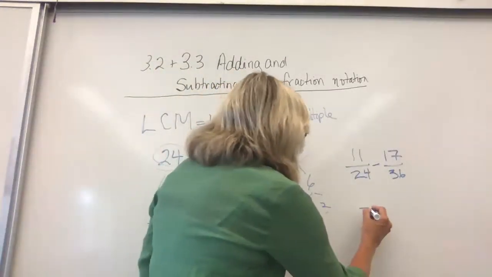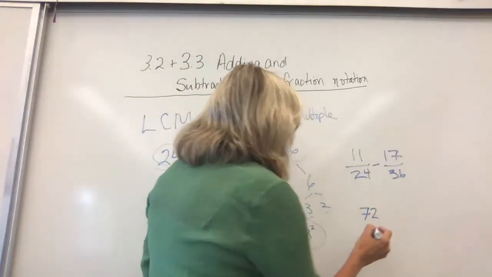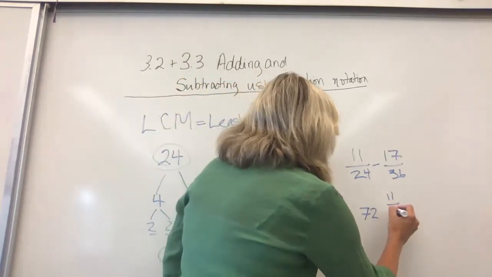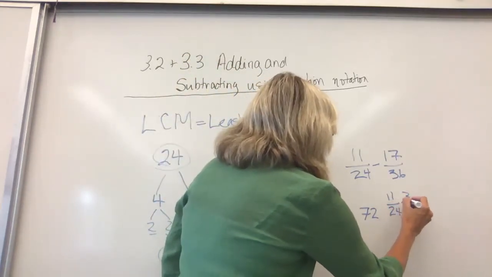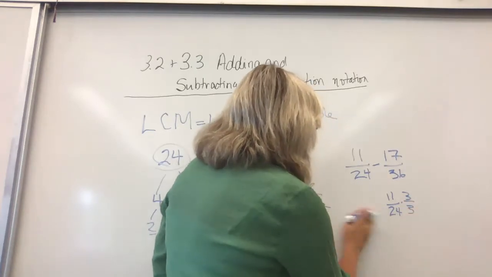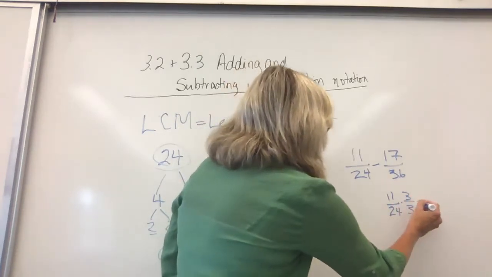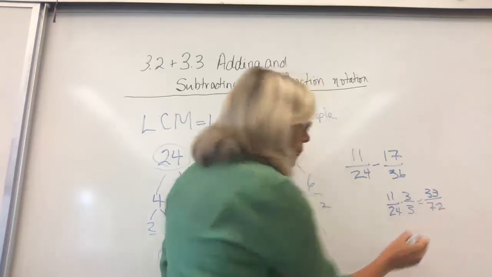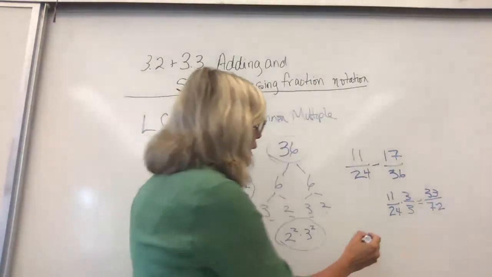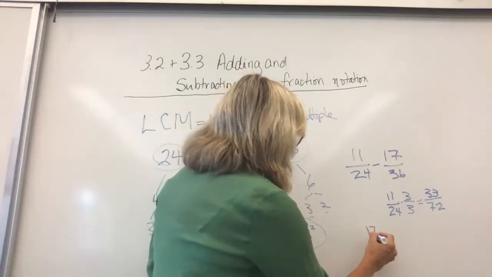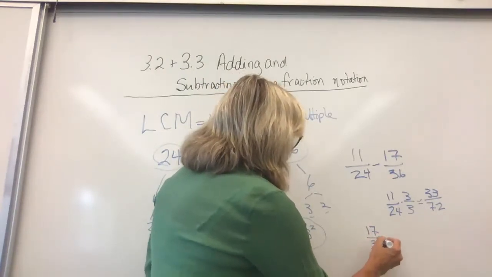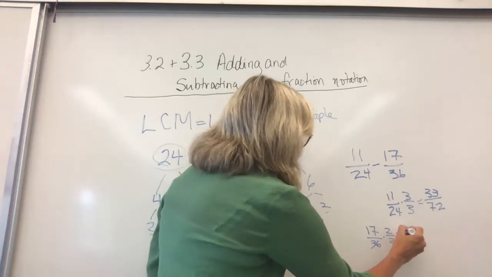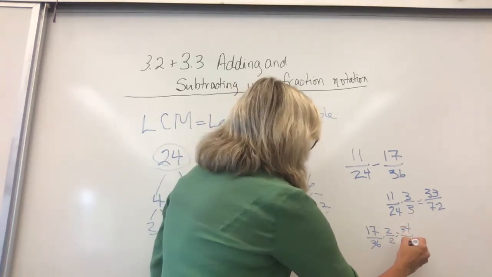So if you have, like, say, 11 over 24 minus 17 over 36, you would be able to figure out the least common denominator using the least common multiple of these numbers, which is 72. We just figured that out. Now, how many times does 24 go into 72? Well, that's 3. So it would be 11 over 24 times 3 over 3, and that gives you 33 over 72. And then 17 over 36, well, 36 times 2 gives you 72, so it's times 2 over 2, which is 34 over 72.